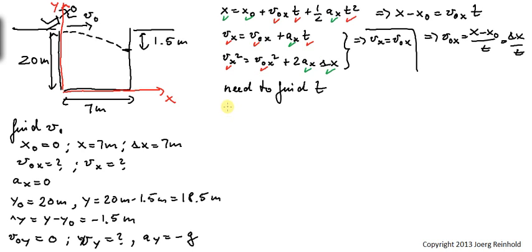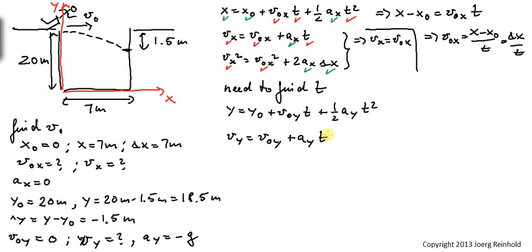We look at this, we find that y equals y0 plus v0y t plus 1/2 ay times t squared. That equation contains the time. Also, the other equation that contains the time is the one with vy equals v0y plus ay times t. If we look at the quantities that we do know, we know what y is, the final vertical position.